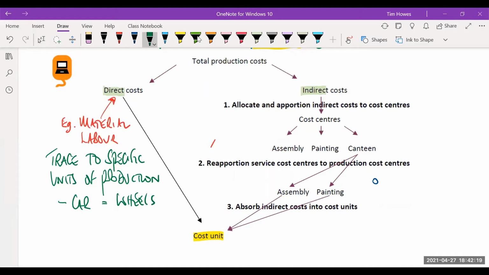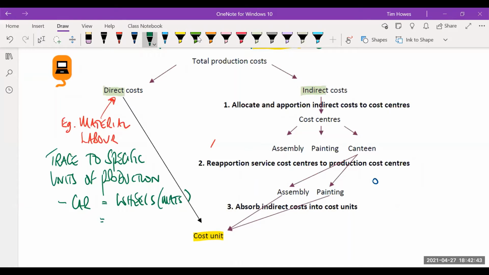And that would be part of the materials. You can trace maybe 4 wheels to each car. You can directly see the wheel cost going into each individual car, for instance. And then there's all sorts of other materials, of course. So that's your materials as an example.